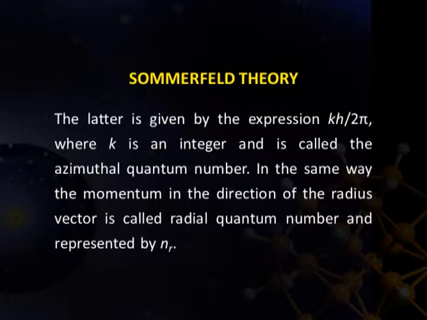The angular momentum is given by the expression kh upon 2 pi, where k is an integer and is called the azimuthal quantum number. In the same way, the momentum in the direction of the radius vector is called the radial quantum number and represented by n r.